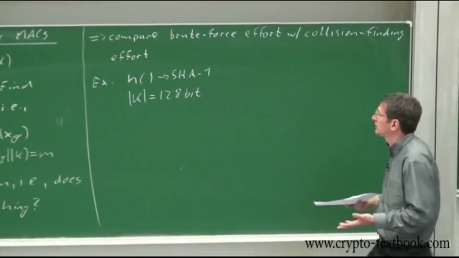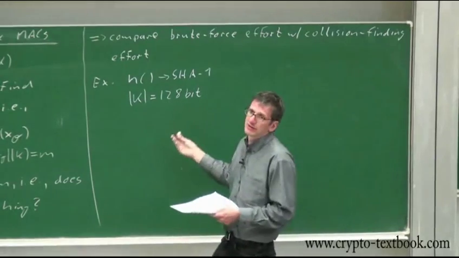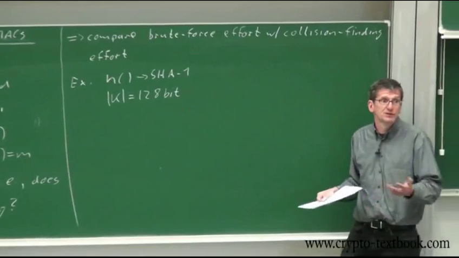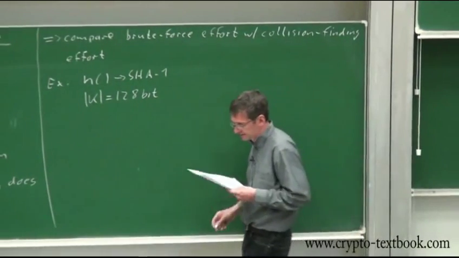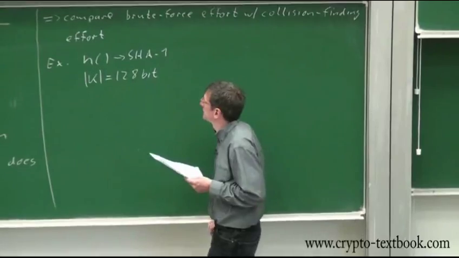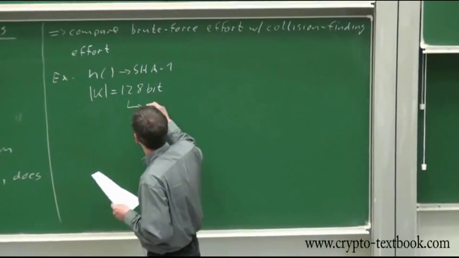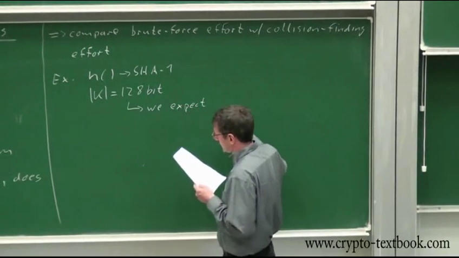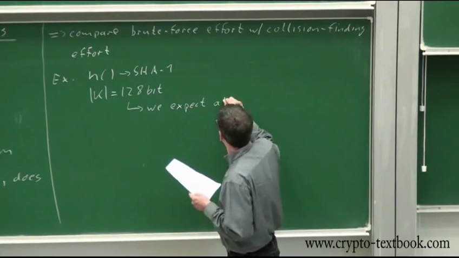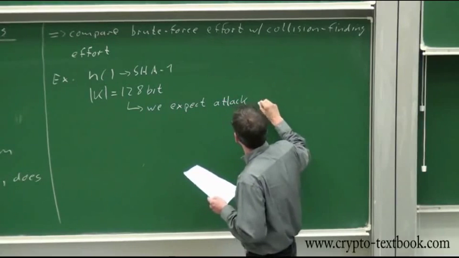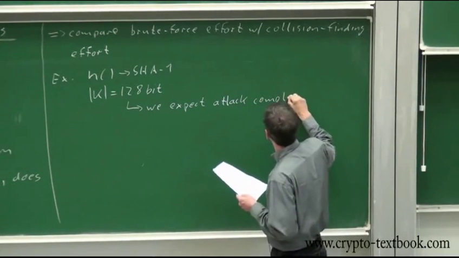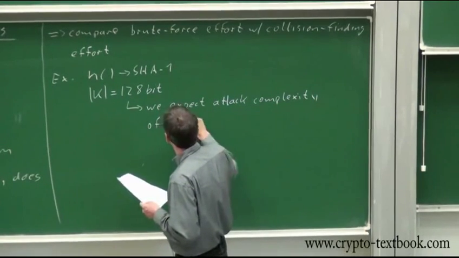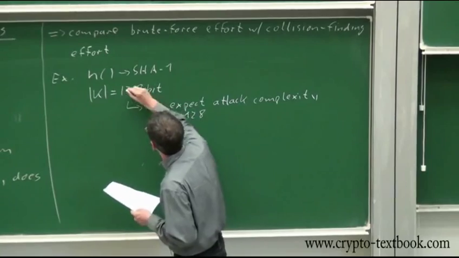SHA-1 is a super popular hash function in practice. 128 bits is a security level we very often want to achieve because, for instance, we use that together with AES, and AES has a cryptographic strength of 128 bits. So what we expect here is an attack complexity, or security level, of 2 to the 128.